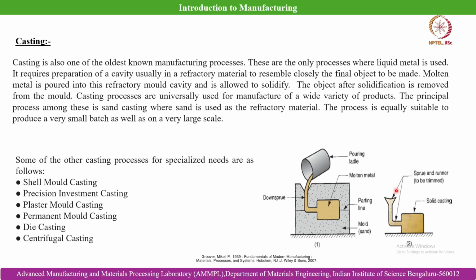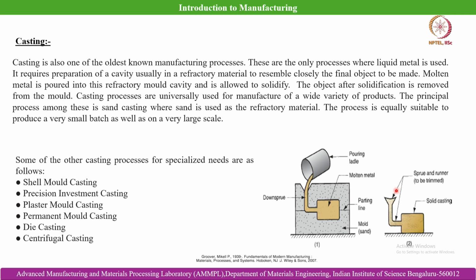Apart from material aspects, there is an important geometrical aspect: the design of the mold cavity and the gating arrangement of the mold, for example the runner, the downsprue and the ingate. All these dimensions should be appropriate. Of course we will discuss the design aspects in detail as we progress further with the course.